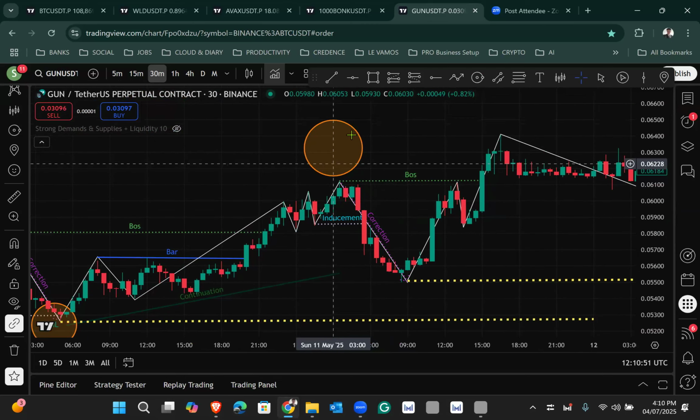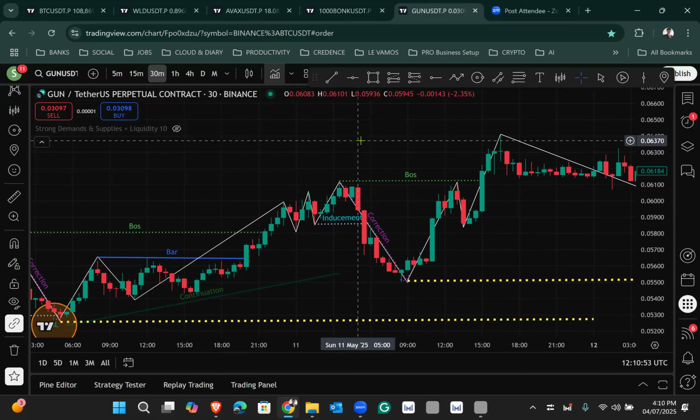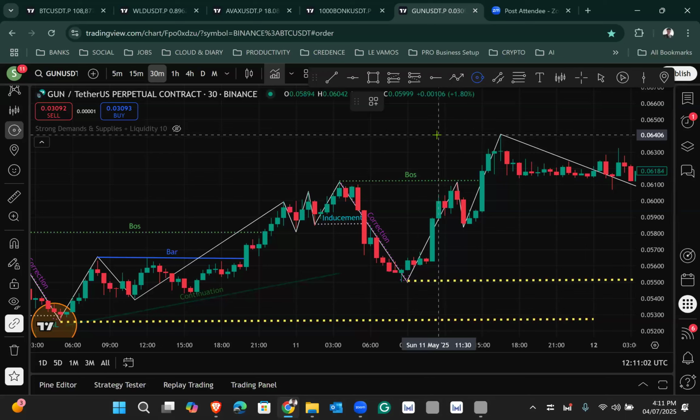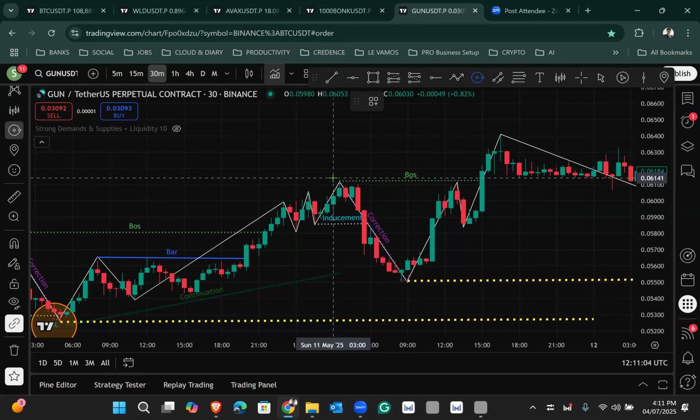The end of the impulse. Normally, the point where the correction starts is the end of the impulse. Correct? Yes, this is the one.